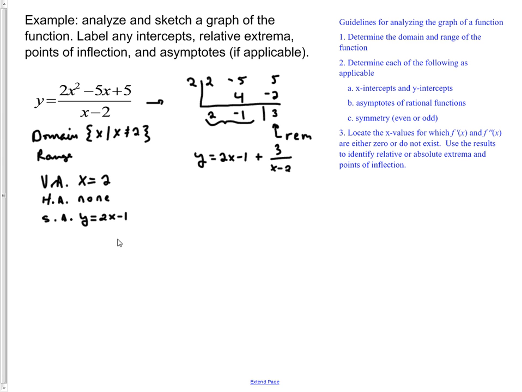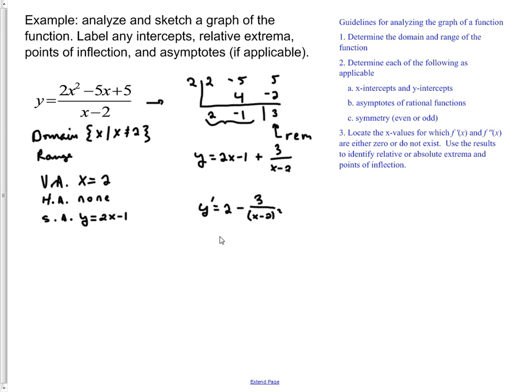Now, as far as graphing this thing, we're going to want to use the derivative. I use the derivative of this reduced function because it's a little bit easier to get. The way it'll work out is that you can take it term by term right here and take our derivative fairly easily. We find, for example, that y prime would be equal to 2 minus 3 divided by the quantity x minus 2 squared.